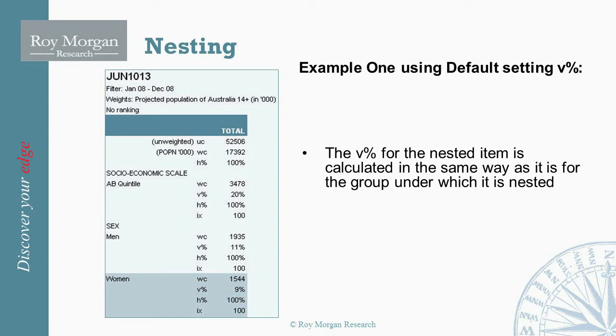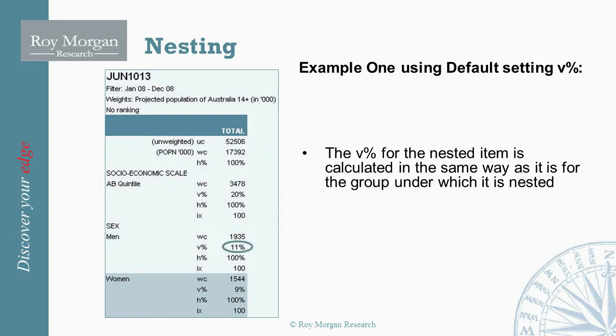V% for the nested item is calculated in the same way as it is for the group under which it is nested. The V% of the nested groups, we have 11 and 9%, is the weighted count of the group. So we have 1.9 million men here, and we're dividing it by the weighted count of the total, i.e. all people aged 14 plus, 17.3 million people.